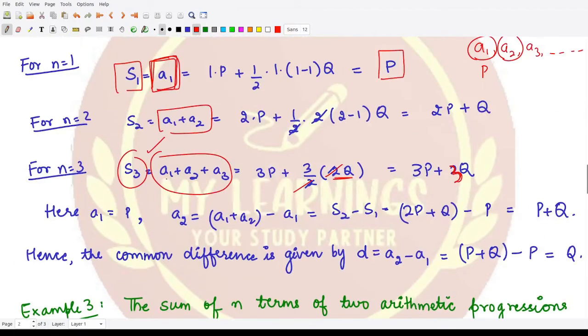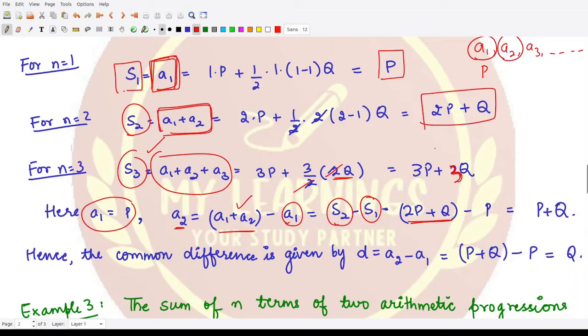So from here you can see that your a1 is p, and you can write a2 as a1 plus a2 minus a1, because this and this would cancel and you will just have a2. What is a1 plus a2? a1 plus a2 is your S2. And what is a1? a1 is your S1. And you know the value of S2, it is 2p plus q, and the value of S1, that is p, correct?